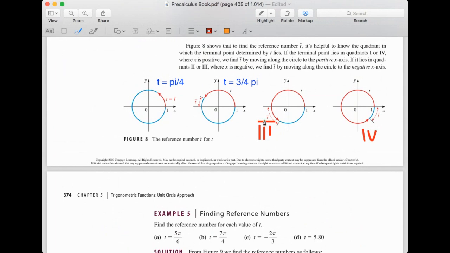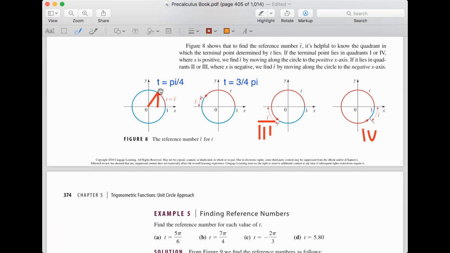So what we need to talk about is triangles. When the point is in the first quadrant, we make a line. With this point, I'm going to make a line connecting it to the origin, from the origin (0, 0) to this point.